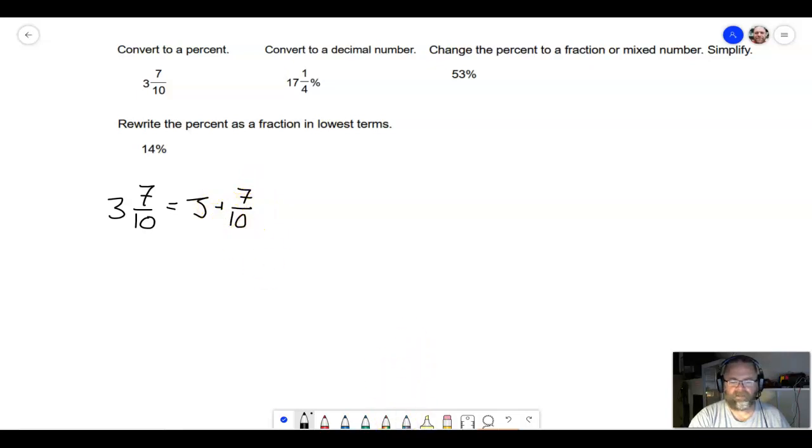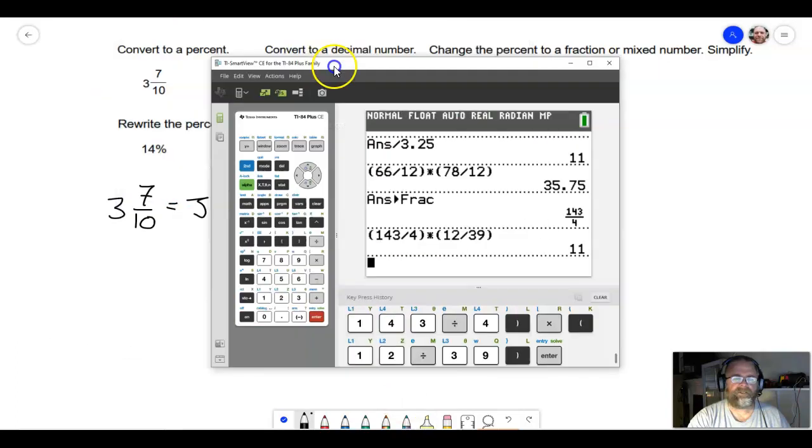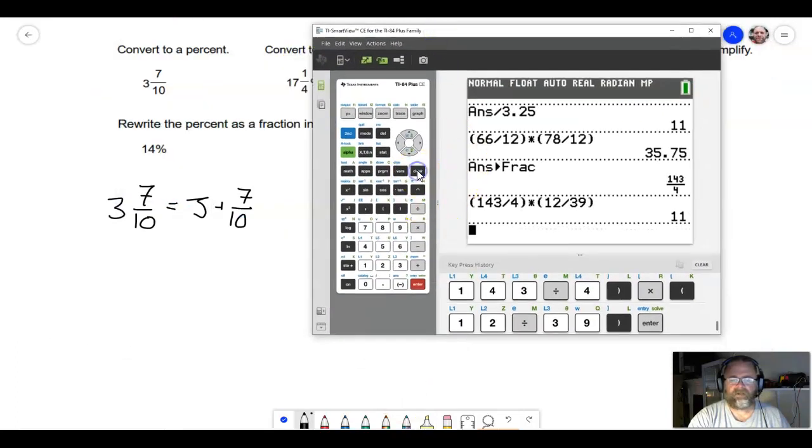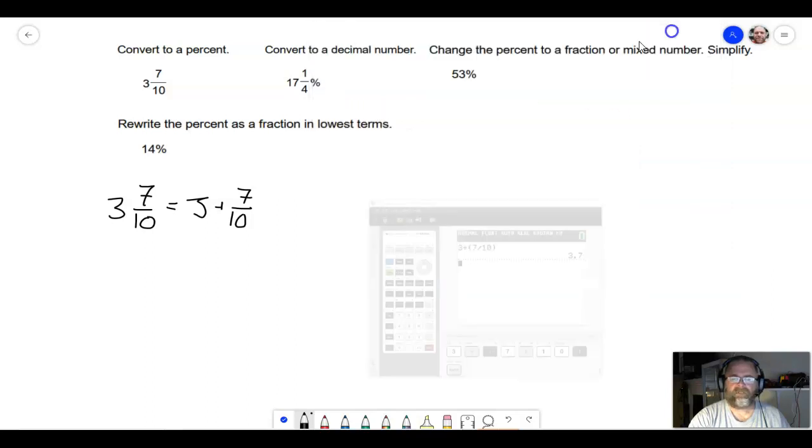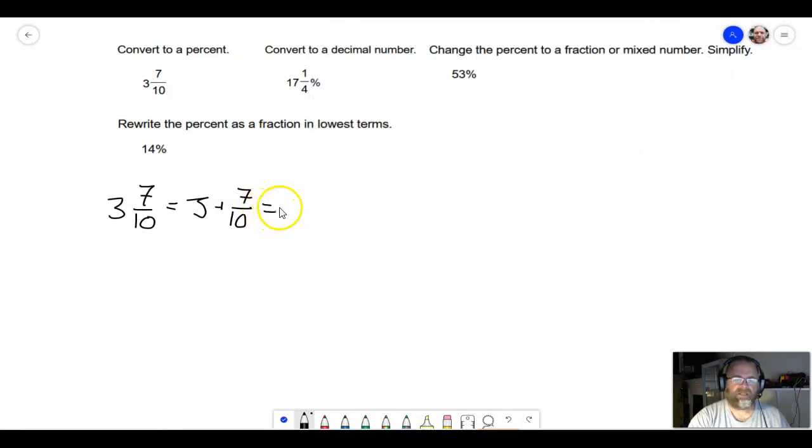And I'm going to go to my calculator, and this will work in just about any calculator that you have. And we are going to go to 3 plus, if you want to put that in parentheses, you can, 7/10, the fraction. And you get 3.7. So that is that in decimal form.